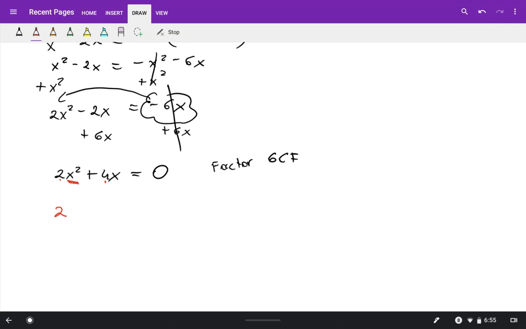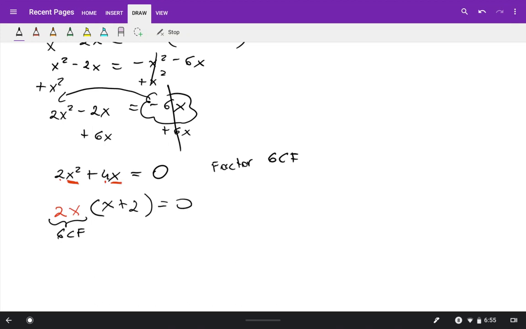And the greatest common factor of x squared and x is x. So I'm going to factor the GCF. Again, this is the GCF. And inside of the parentheses, look what happened. 2x squared divided by 2x will give you just x. And here we just end up with 2.